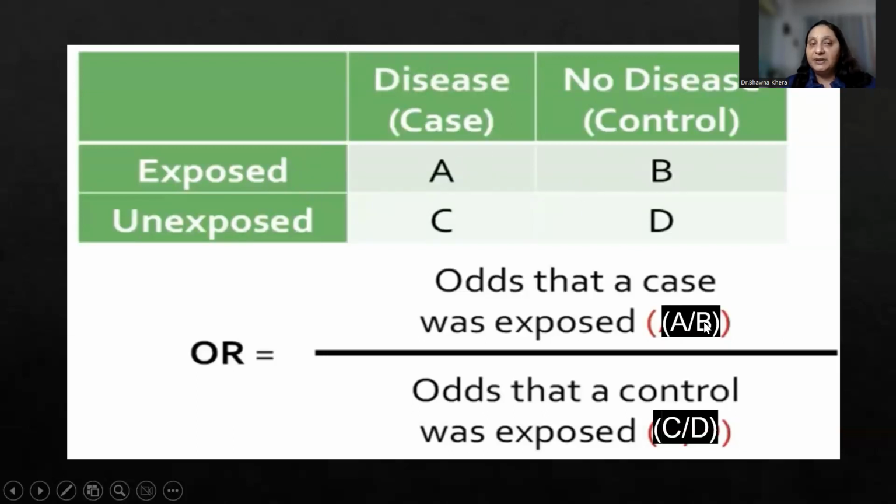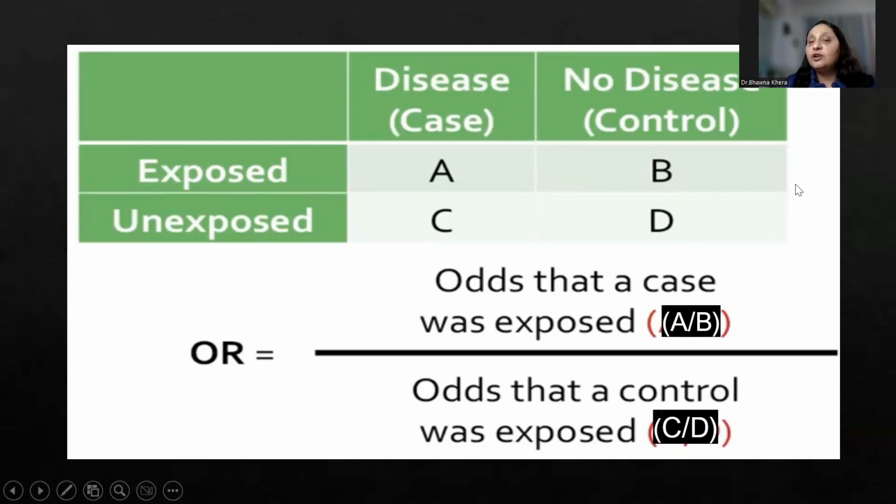What are the odds of disease in the unexposed population? Disease development is C, and not developing is D, so C upon D. How many developed disease? How many did not? A developed disease, B did not. So A by B. C developed disease and D did not develop disease. So C by D.